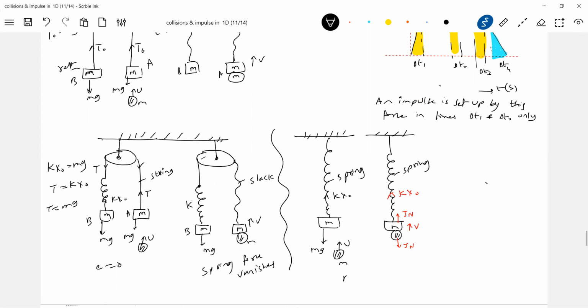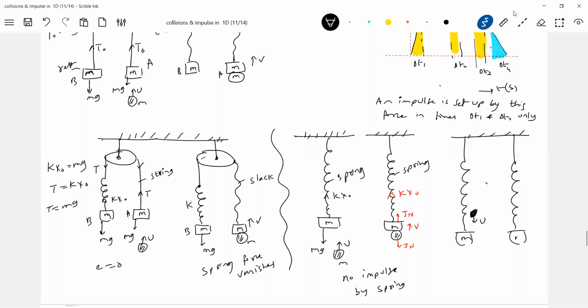Let me give one more example. I'll drop a ball, so the ball is moving with a velocity u, and it will get stuck to it. So what is the spring force?